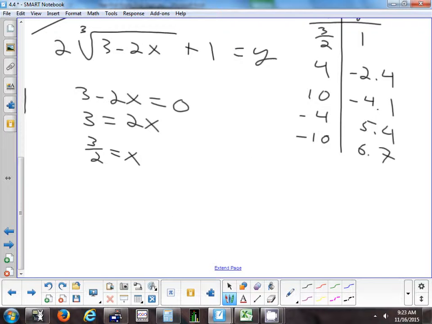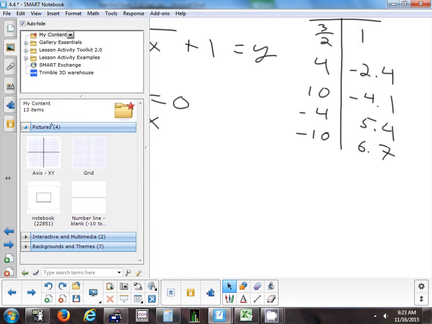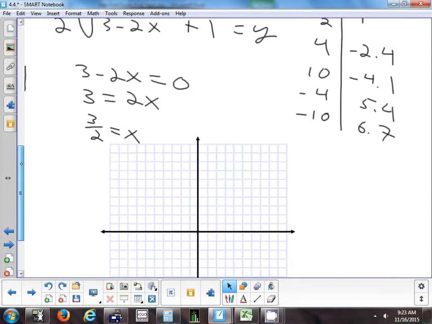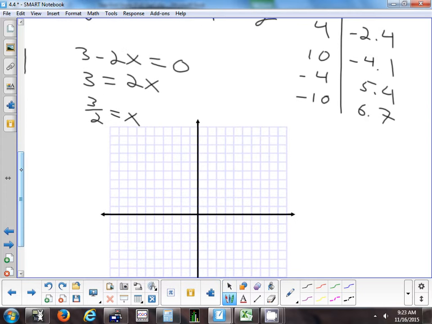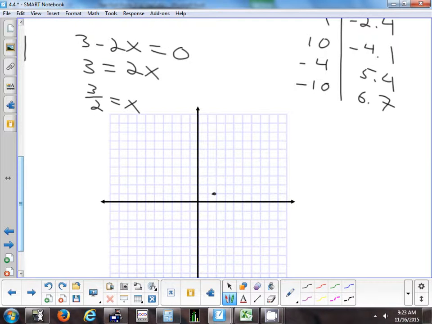Okay, for the homework, if you need graph paper, I printed some graph paper out. All right, and just make our sketch. All right, so 1.5 comma 1. That's our center. Then we got 4, negative 2.4.